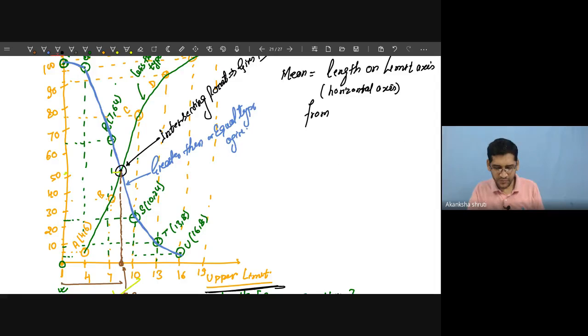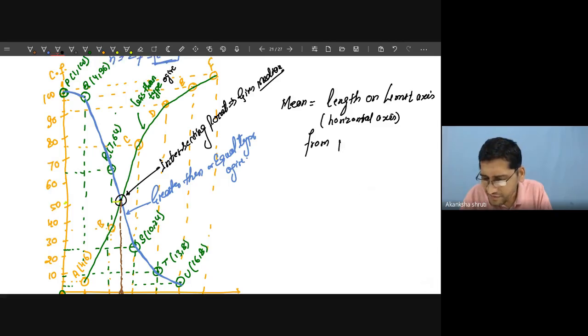From the point of intersection of both the curves. Intersection of both Ogives.